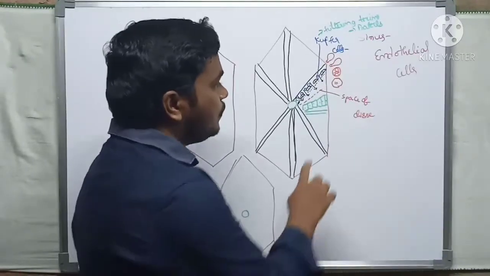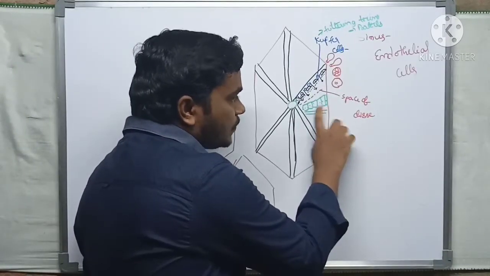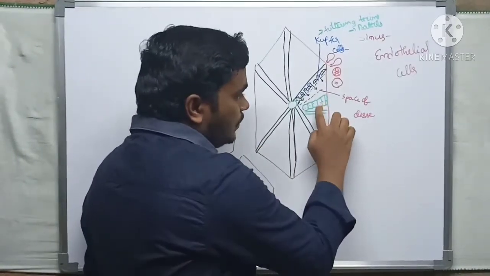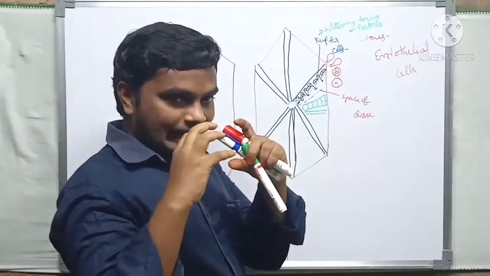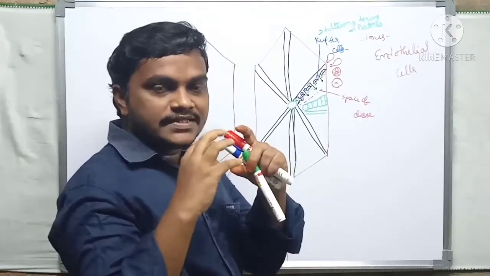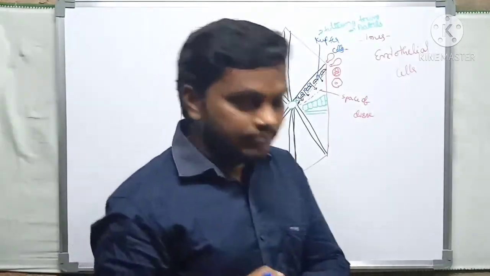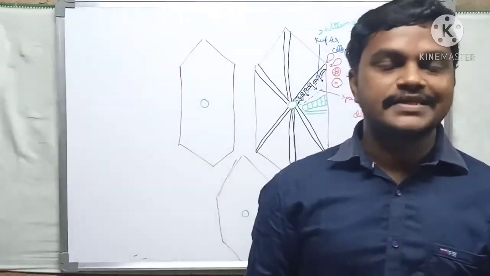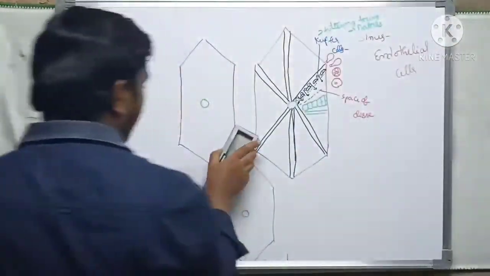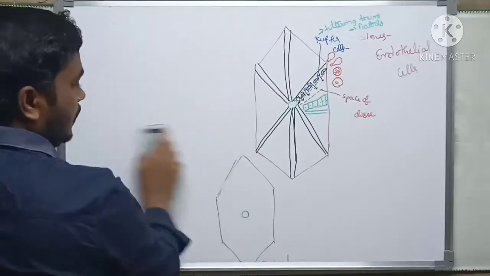If you want to see the structure of one hepatocyte, they are compactly packed. In between there is a bile canaliculus, and that canaliculus secretes bile. How they are arranged, we'll see in detail.